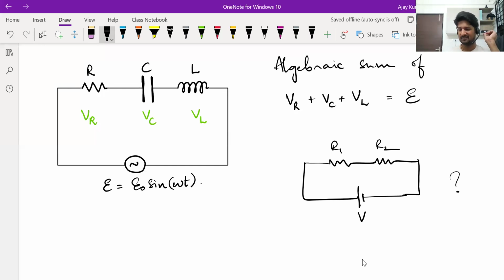Then we can find the effective resistance. Okay, good. What else? Voltage is already given to you. Which voltage are you talking about? Okay, what else? Can you tell individual voltages across these resistances?